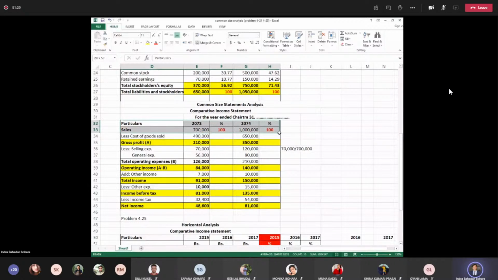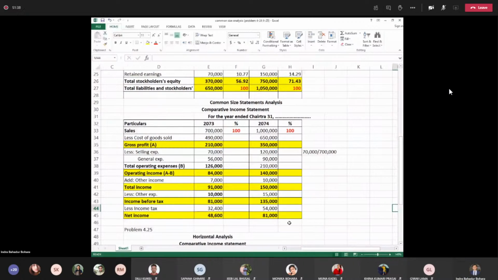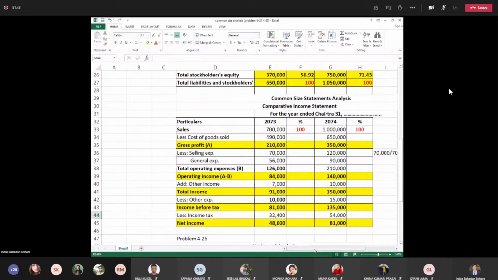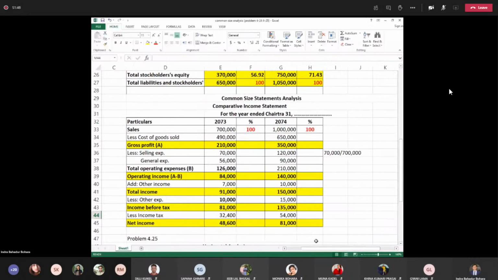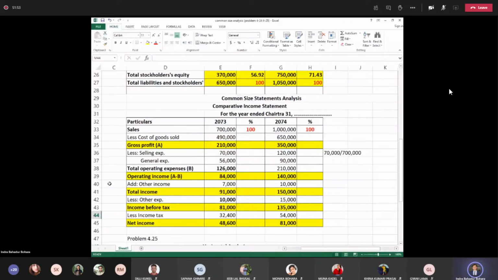Did you copy this question? Now calculate the percentage of cost of goods sold, selling expense, general expense, other income, and so on.